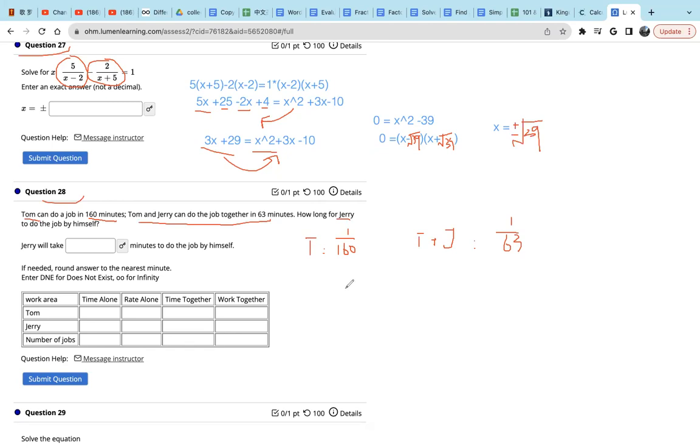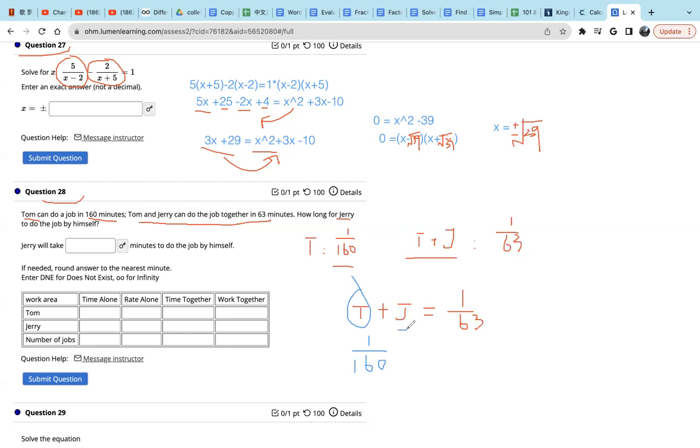So we have, the speed together is this. So T plus J equals 1 over 63. And the T we know, T is 1 over 160.